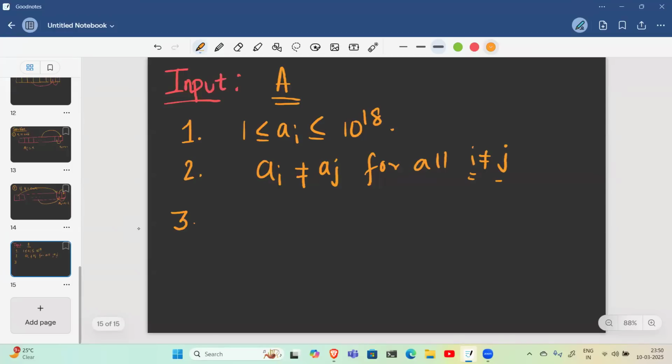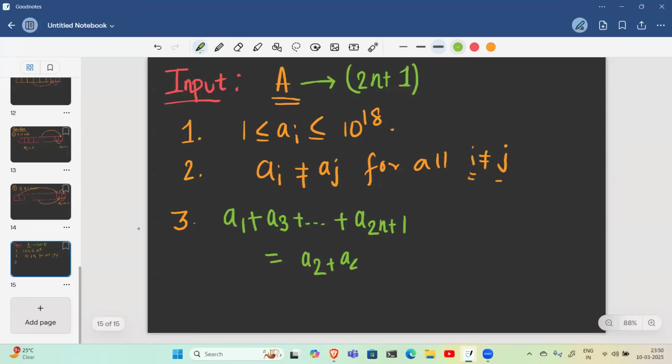The third one is a long expression which, if you rewrite, becomes like this. Just reminding you, this A was of length 2n plus 1, so it has an odd length. The third condition is something like this: A1 plus A3, and it goes on till A2n plus 1, is basically equal to A2 plus A4, and it goes on till A2n.